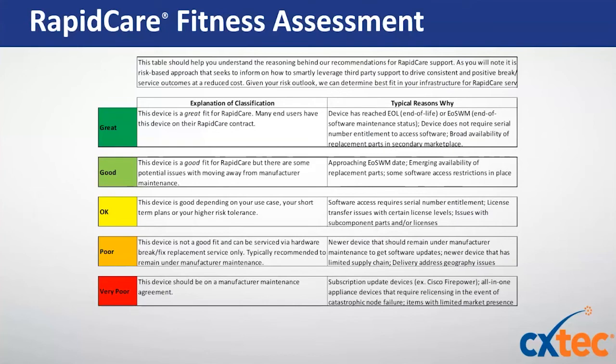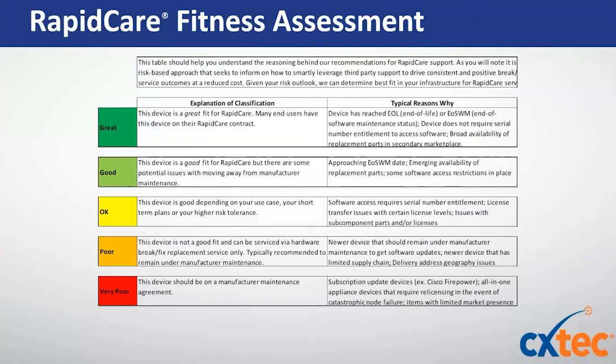And depending on your risk tolerance, your use case, where you are in the life cycle of the device, it can vary, right? In terms of what you're willing to tolerate as far as risk. We have customers that, even though we tell them this is very poor on TPM because you're going to lose this, you're going to lose that, you're not going to be able to get software updates and all this other stuff, they say they don't care.